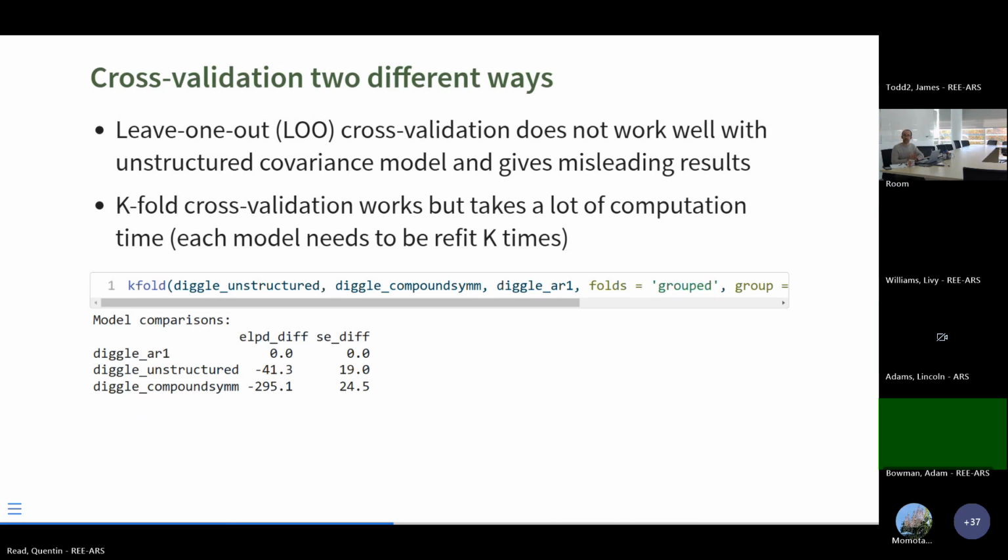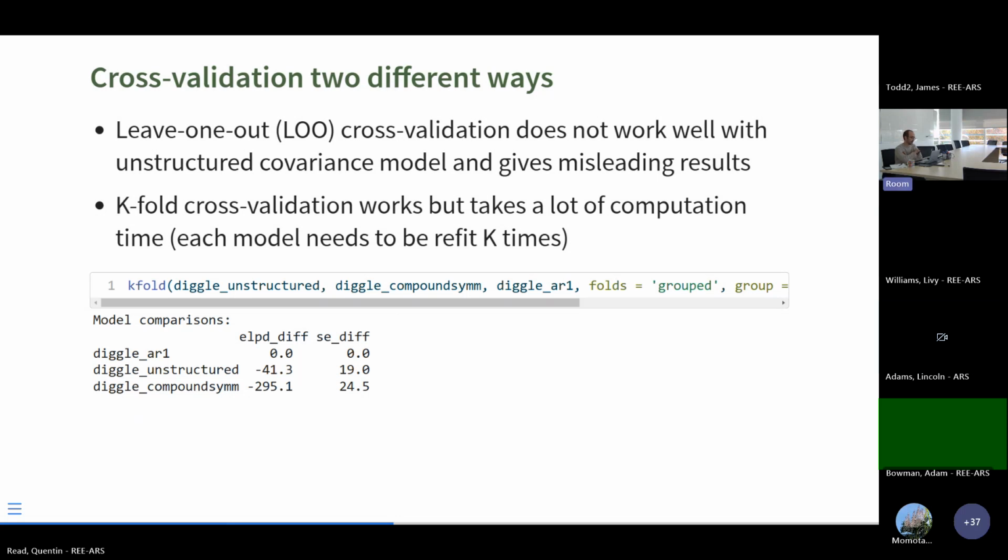Well, let's compare the models. I often use, I think Zach was talking about this yesterday in the office hours, the leave-one-out cross-validation to compare models, but that does not work very well with these autocorrelation models.